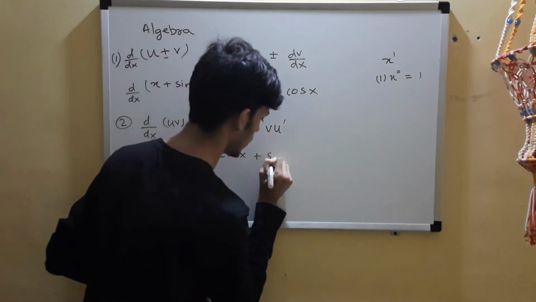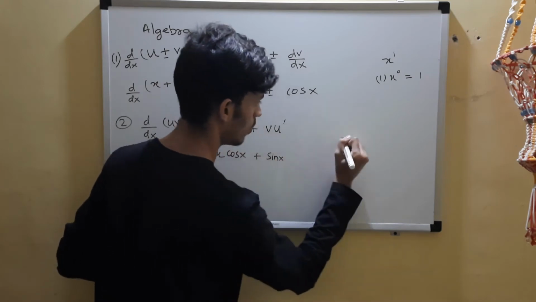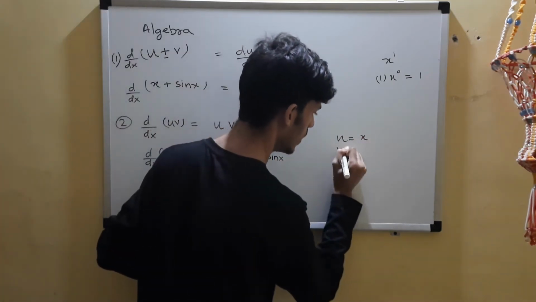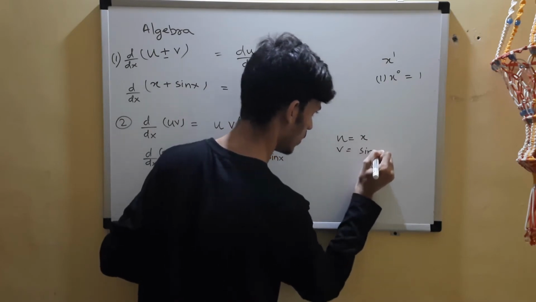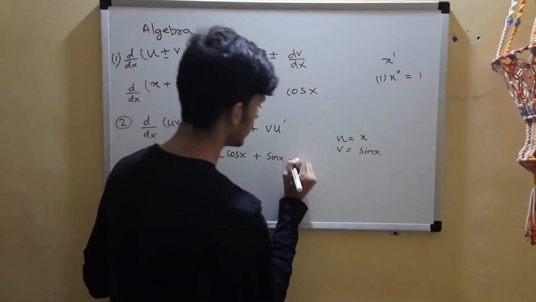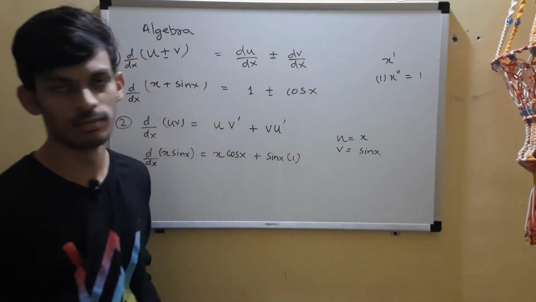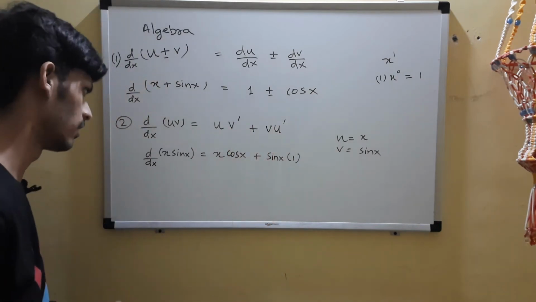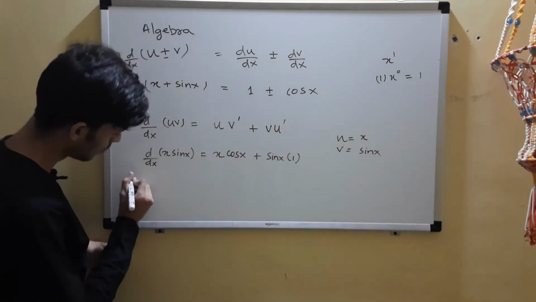V is sine x. I hope you're not losing track. U is x, v is sine x. So v into derivative of u. What is derivative of x with respect to x? 1. Remember the derivative of x is 1. Certain simple things you should remember.